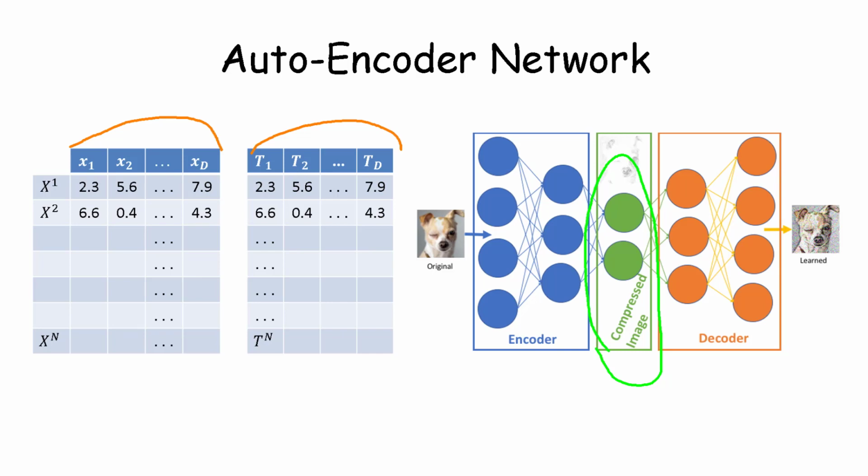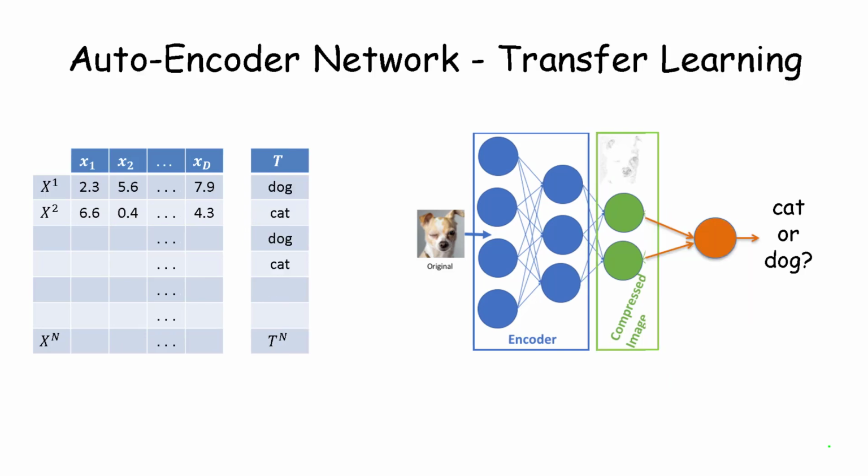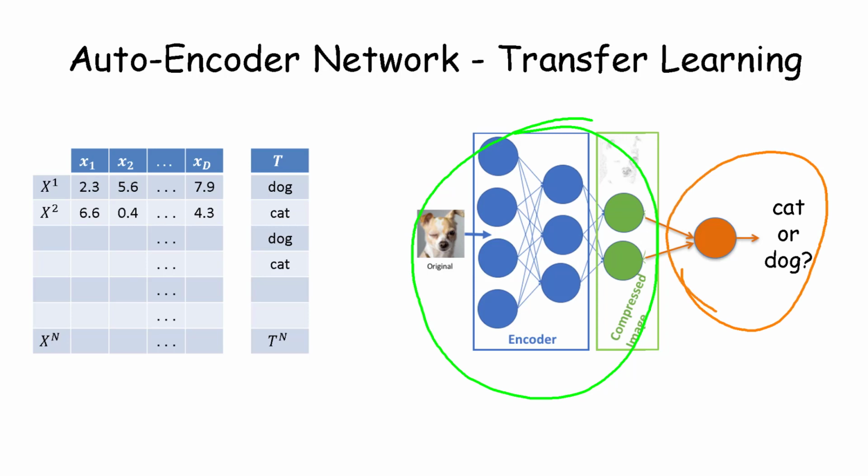Auto-encoding networks are used in noise removal and dimension reduction. Sometimes auto-encoders are also used as a first phase in training for a prediction problem. After an auto-encoder is trained, its decompression layer is removed and replaced with output neurons for a different prediction problem.